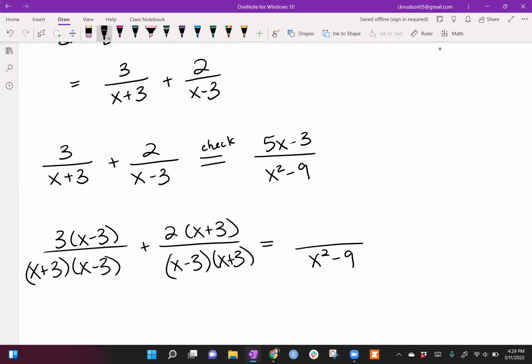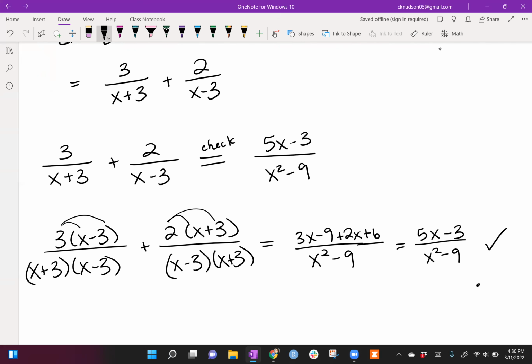And let's go ahead and expand the numerator. We have 3x minus 9 plus 2x plus 2 times 3, 6. Okay, combine our like terms, we get 5x, and then we have negative 9 plus 6, or minus 3.